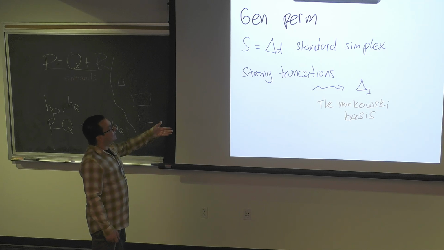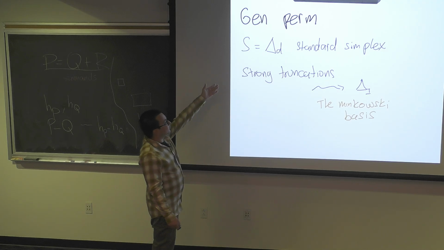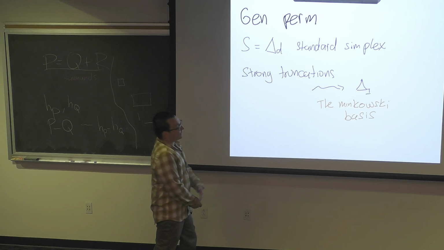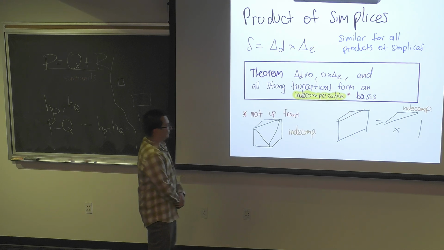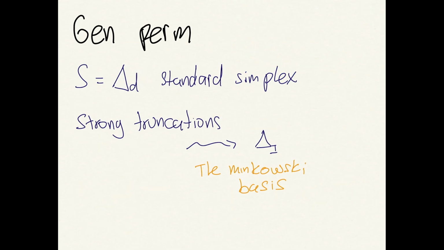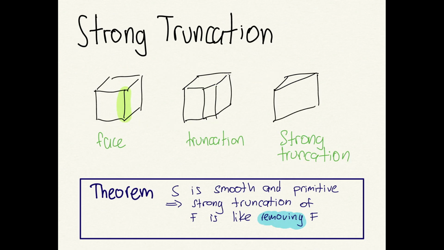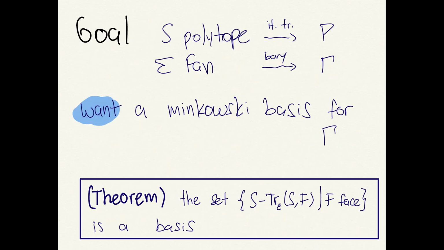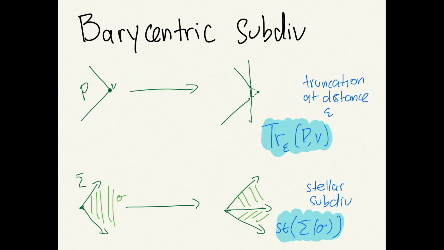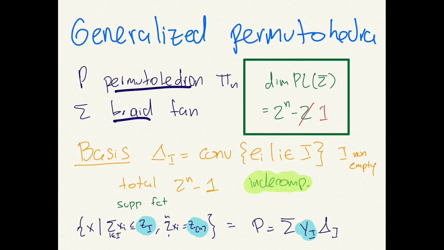Okay, if we apply this method, if we apply these strong truncations to the standard simplex, then we get the Minkowski dream space. Okay, so now with doing strong truncations, we recover this picture, at least until here. So we can recover these bases, and there was a bit of a confusion on how to generalize this.